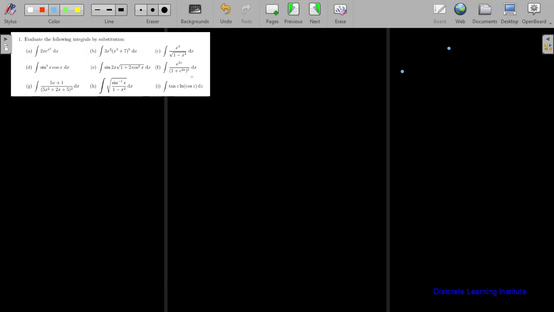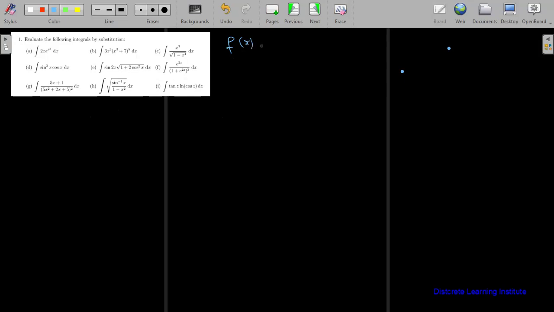Usually, whenever we see an implicit function, where you have a function in another function, we use integration by substitution. In other terms, it's called the reverse chain rule, because remember, we use the chain rule to differentiate.